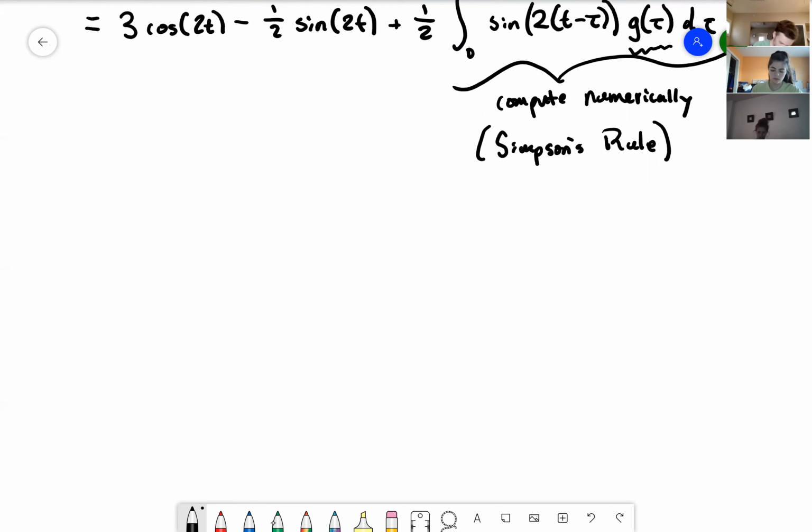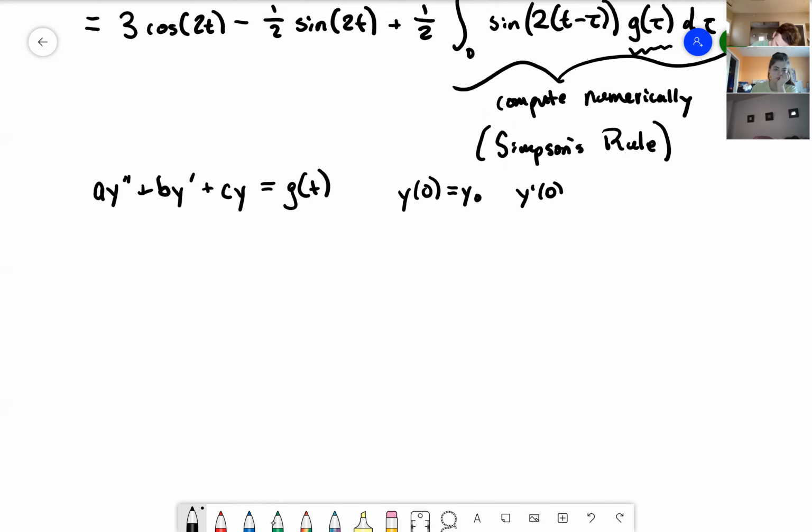The ones that we've been talking about, the ones that represent the harmonic oscillator, damped or undamped, forced or unforced, is the second order linear ODE, possibly non-homogeneous, with constant coefficients, and with initial conditions y equals y0, and y prime equals y prime 0.